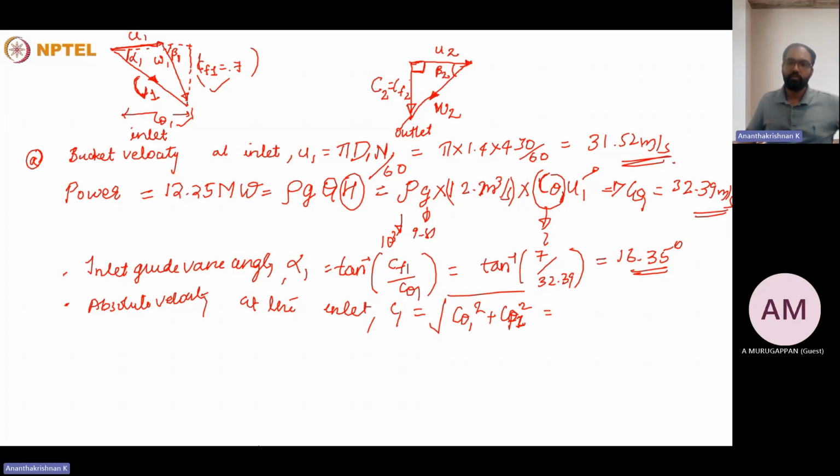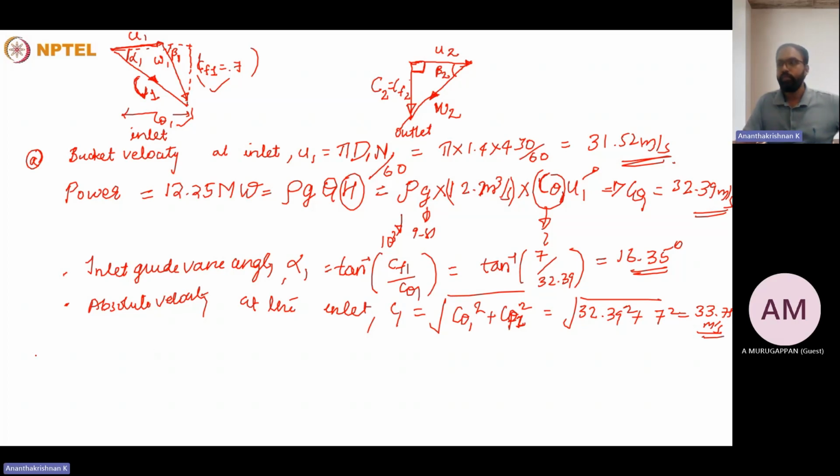So that will be coming around root of 32.39 squared plus 7 squared. We'll get around 33.75 meter per second. So that is the absolute velocity at the inlet.